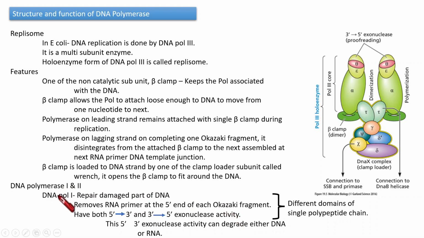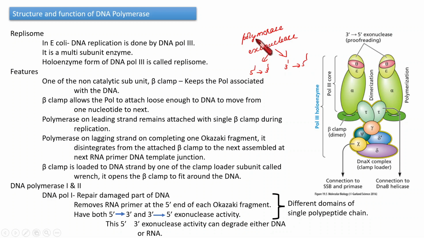And basically, this DNA polymerase has two main functions. They are polymerase function and exonuclease function. Exonuclease function can act in two directions, from 5 dash to 3 dash, as well as from 3 dash to 5 dash.